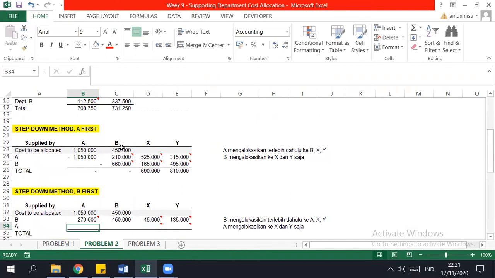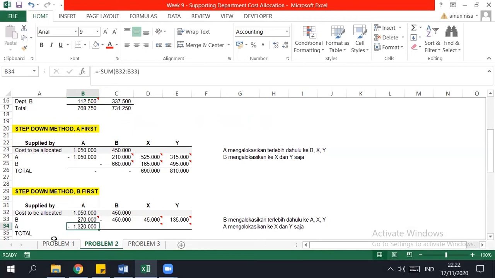Next, let's calculate the total cost of department A that will be allocated to department X and department Y. Okay, so the total cost is 1,320,000.